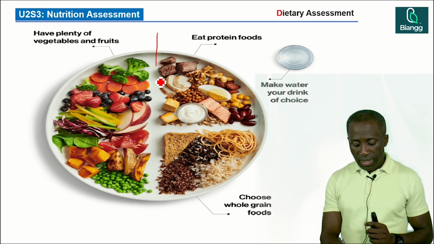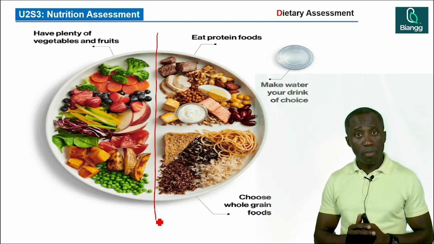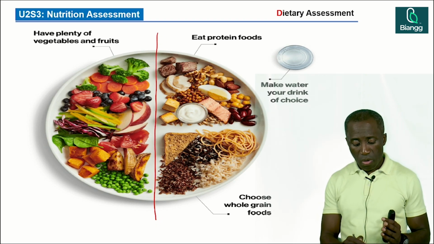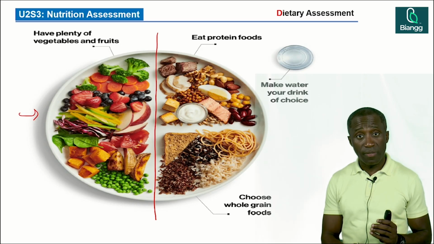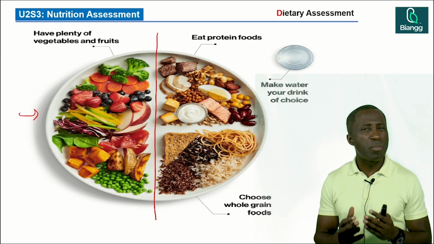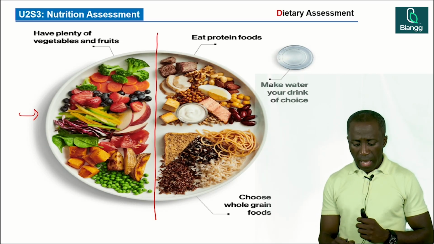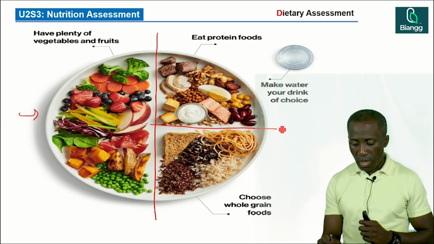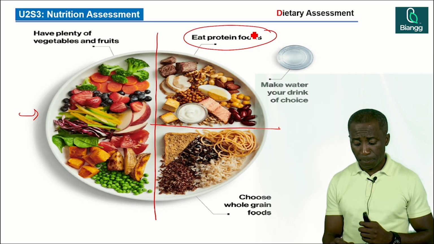So you see that you can divide your plate here in two. And on the left section here, what do you have? You have plenty of vegetables and you have some fruit, but mostly vegetables. And the other section of the plate, you have your protein section here.